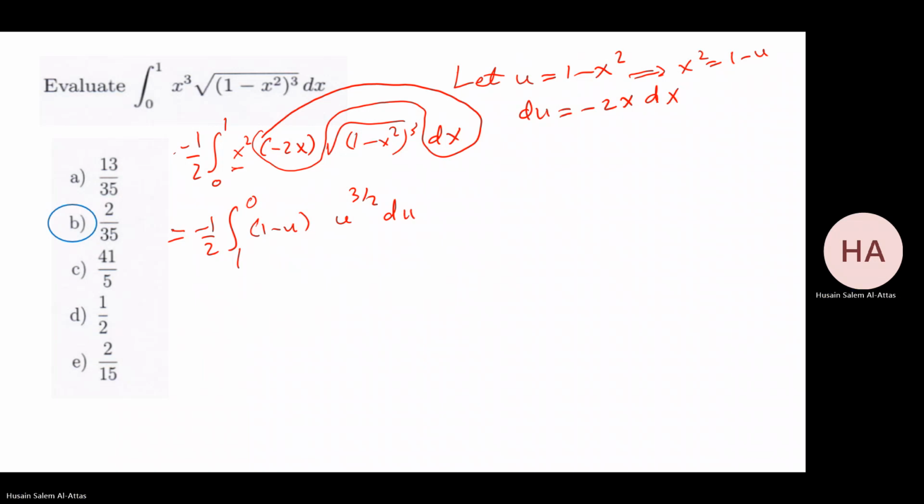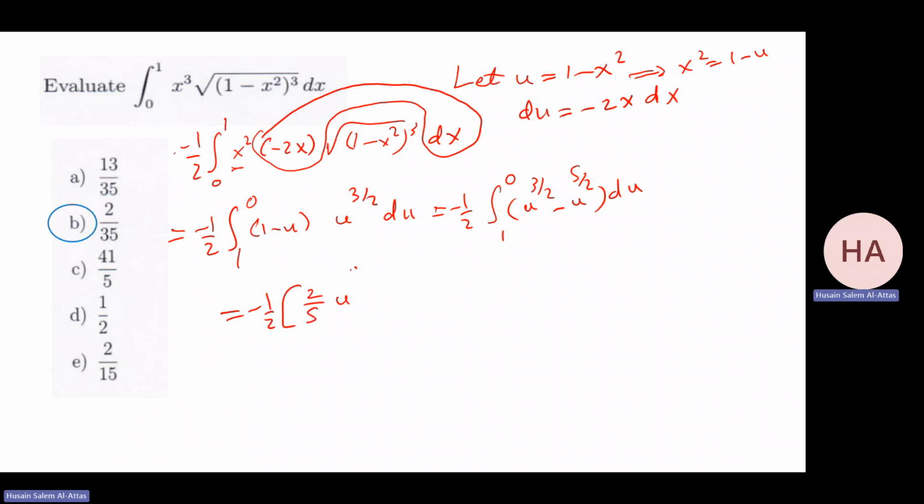Okay. And that is what? Now do the calculation. Minus half, 1 to 0, u to the power 3 over 2 minus u to the power 5 over 2 du. That will be minus half times 2 over 5, u to the power 5 over 2 minus 2 over 7, u to the power 7 over 2, from 1 to 0.